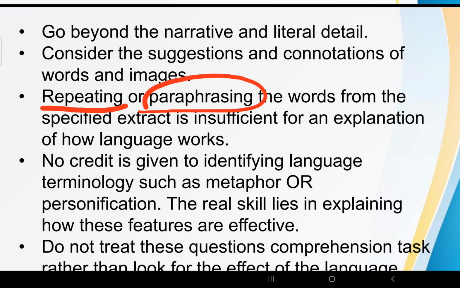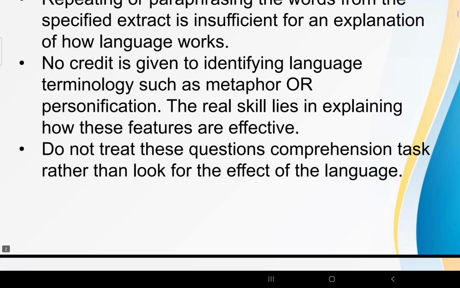So if you identify a metaphor, it is not enough to write that the writer is using a metaphor here. You need to write that the writer is using a metaphor here to achieve the effect that he wants from this metaphor. So explanation is required, not just identification. Then the real skill lies in explaining how these features are effective. I hope you got it.